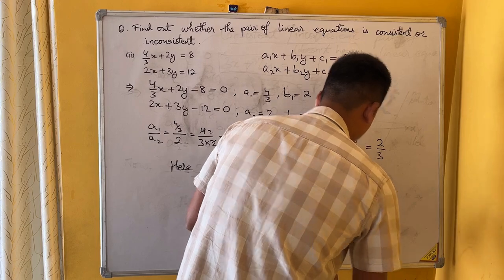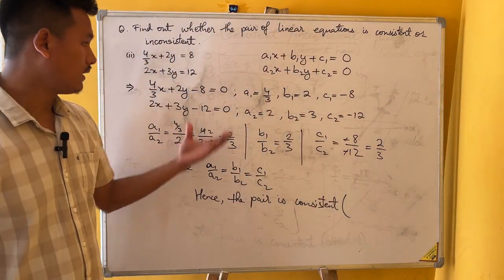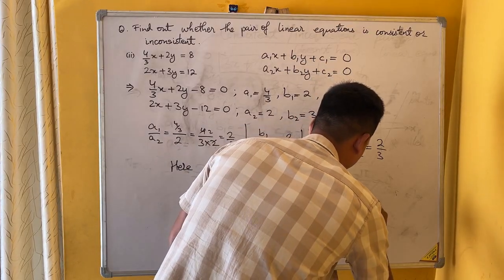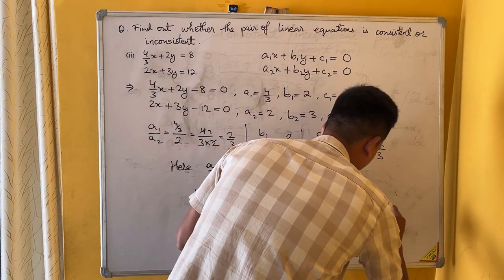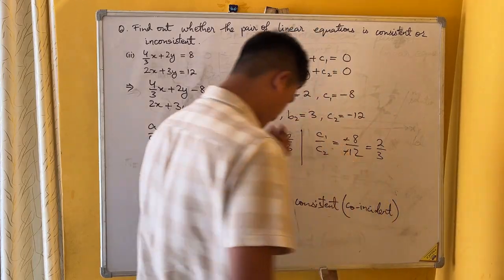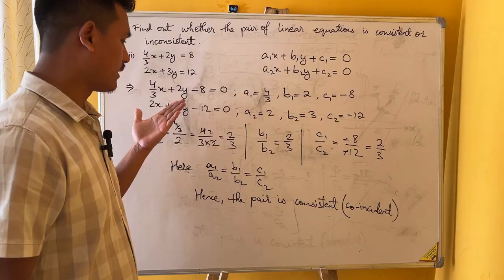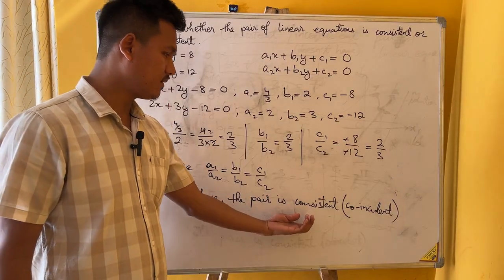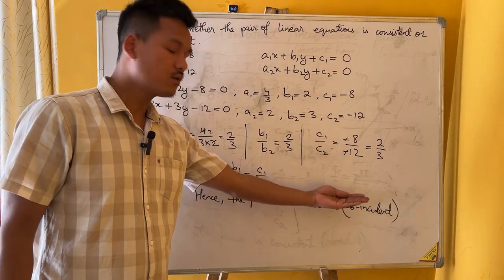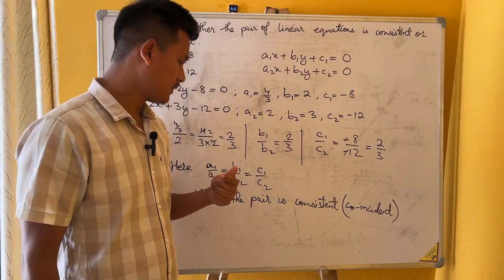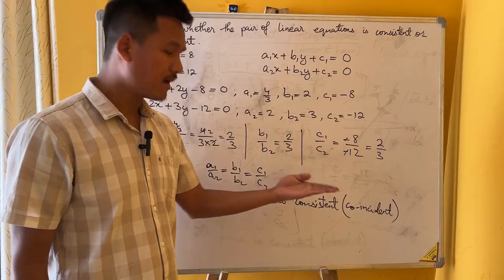And if you plot the lines on a graph, you will see that the lines are coincident. There are other questions where the lines are consistent, but they are not coincident. They are intersecting at one point, or they are inconsistent, which means they are parallel.